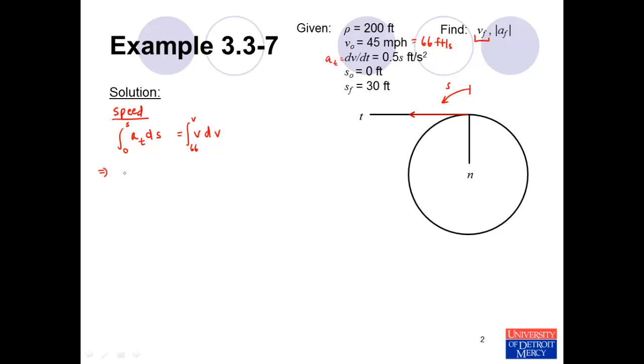And since we are given the tangential acceleration as a function of s, we can substitute it straight into this integral. And since we're integrating with respect to x, we can evaluate the integral directly.